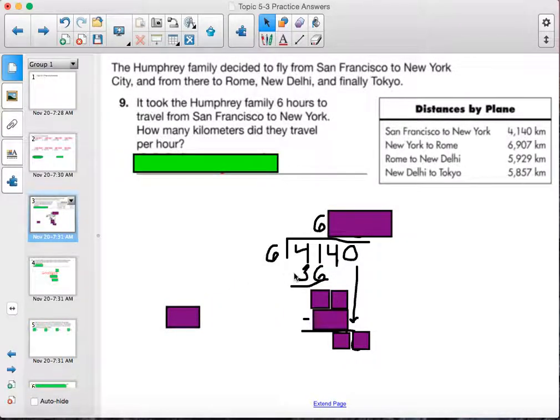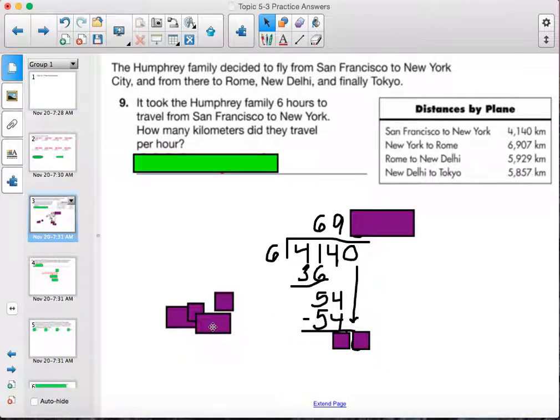Now we subtract 36 from 41, and we have 5. Bring down the 4, and now we have to ask ourselves how many times 6 will go into 54. 6 will go into 54 evenly because it's a multiple of 6, so we now have 9. 9 times 6 is 54, and if you subtract, you end up with 0.